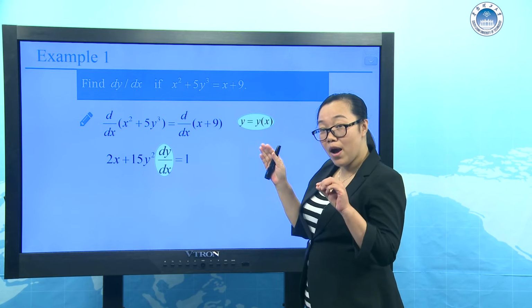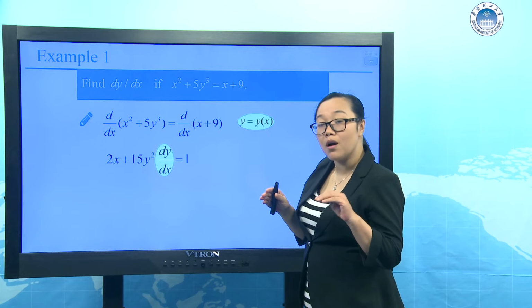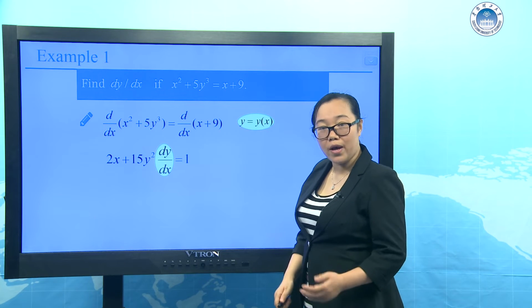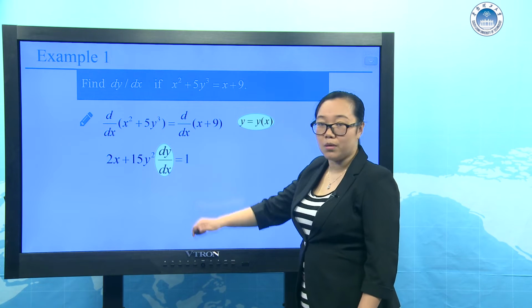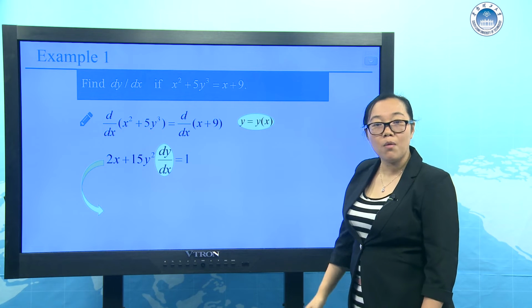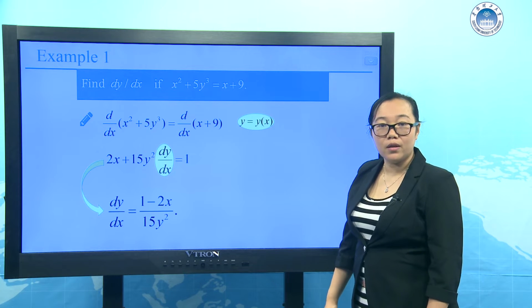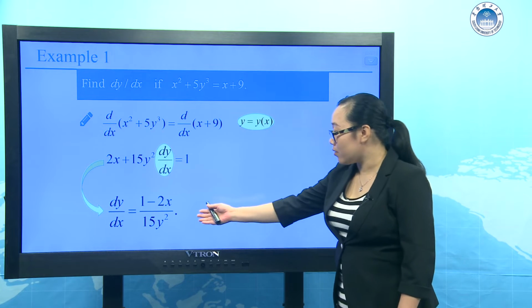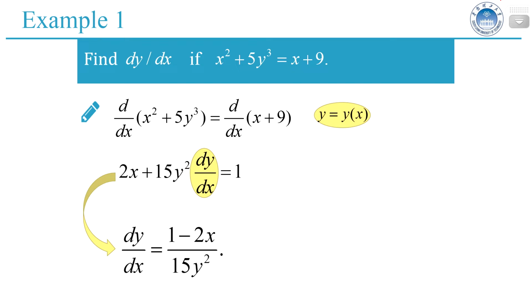This means y is not a constant, y is a function of x. Pay attention to this term: the right side becomes 1 plus 0. From this, we can get dy over dx equals the expression. This means in the implicit function, y prime is an expression of x and y. It is our final result.